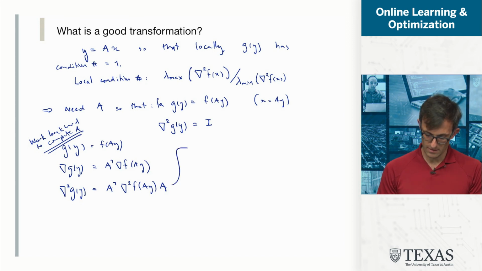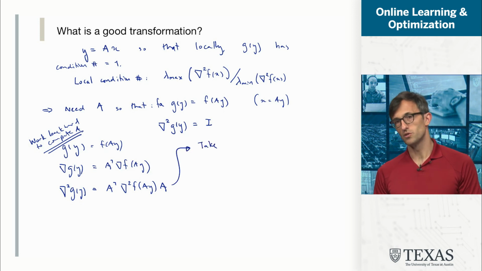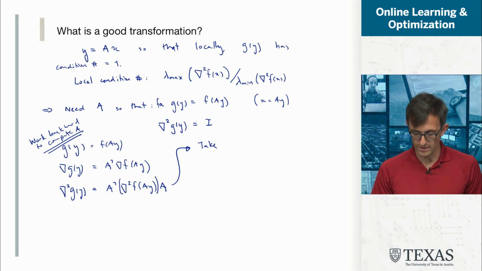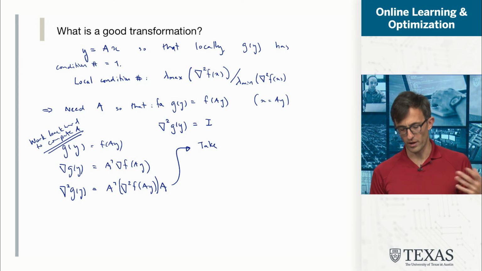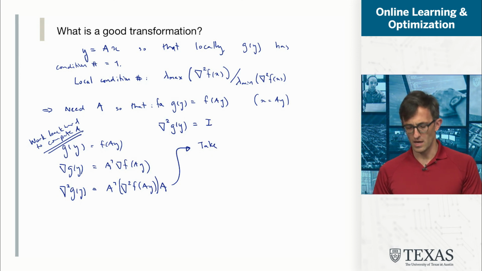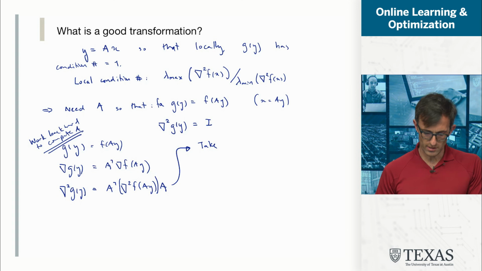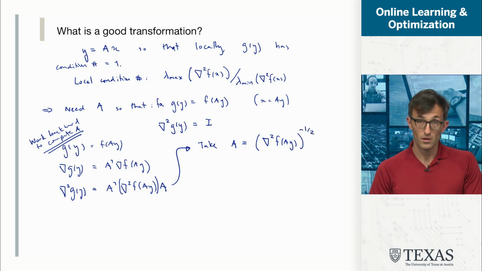Let's take A equal to an inverse square root of this Hessian. And we need to discuss this because we know what an inverse of a matrix is, but we need to talk about inverse square root. But just to see how it will work out, if we take A equal to the inverse square root, what are we going to get?